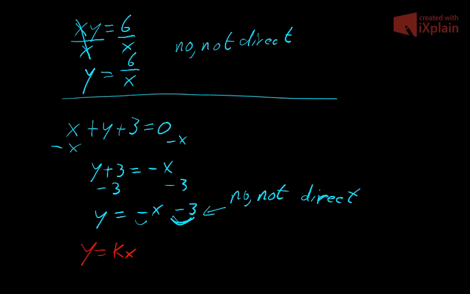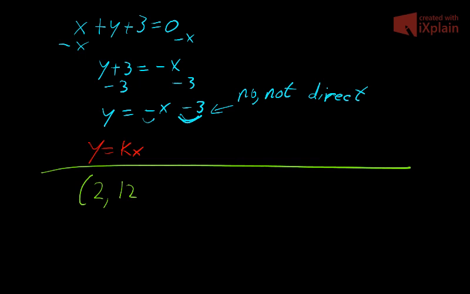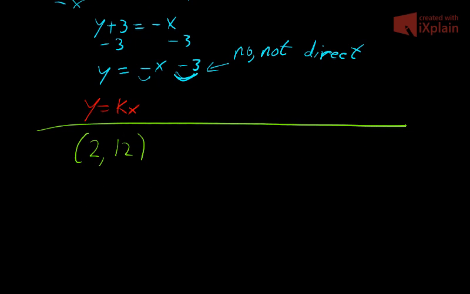Moving forward a little bit, if we are given a point and told that it's direct variation, what's really nice is that we can figure out what the equation is with only one point. So I'm going to do that right here, and we're going to say that we have the point (2, 12), and that's one of our points. And we know that this has to follow y equals kx.